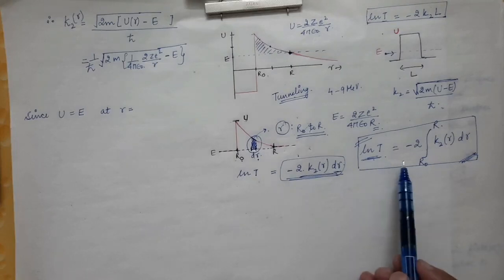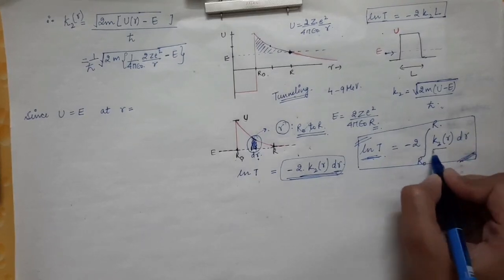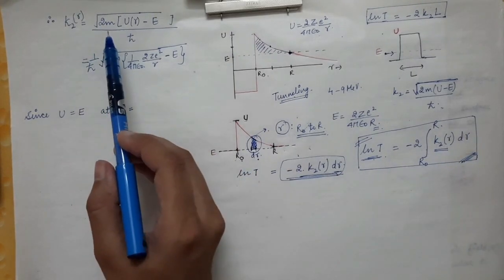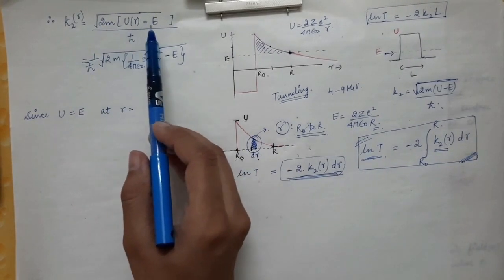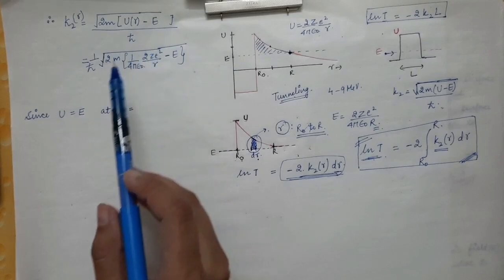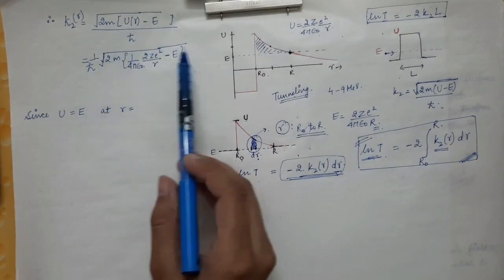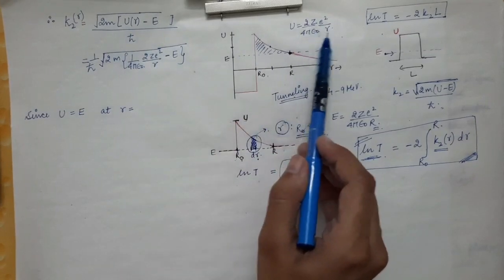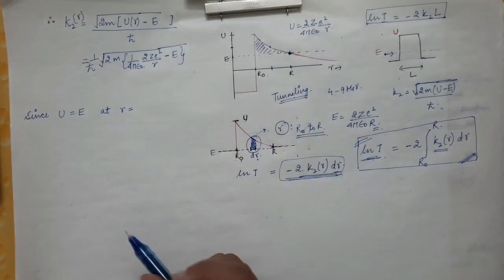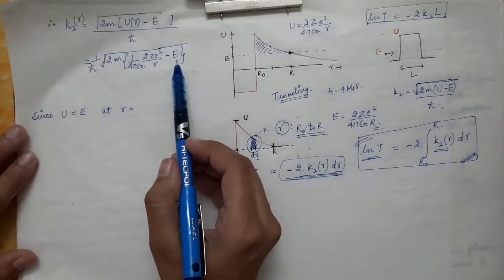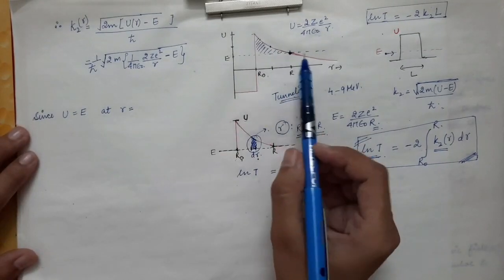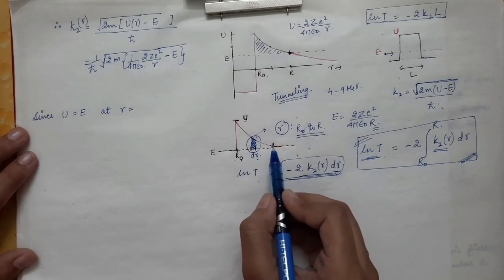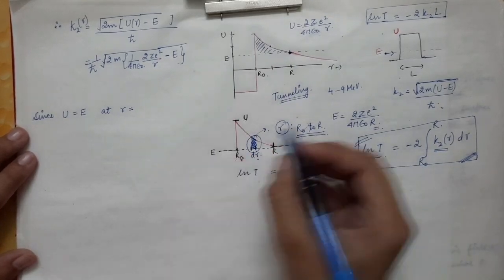Now before solving this integral, first of all we will simplify K2. K2, which is dependent upon R, is given by root of 2m(u minus E) divided by h cut, and that can be written as 1 by h cut under root of these terms. So we have just substituted u of R, which is given by this formula. Now what is E? As we have seen, at this point u is equal to E. What is E?